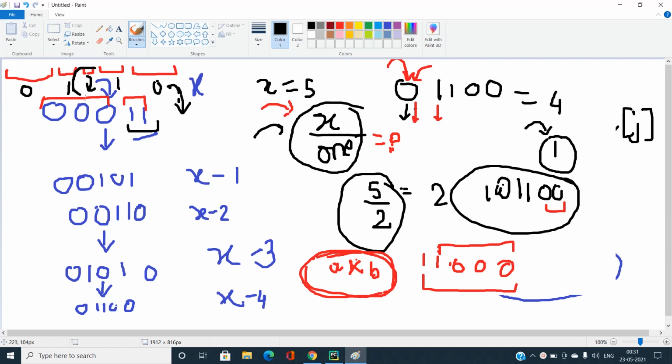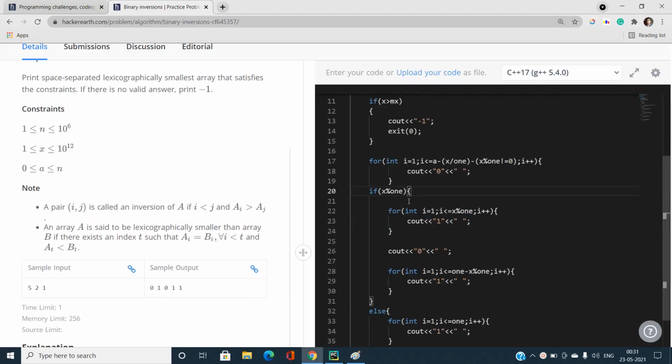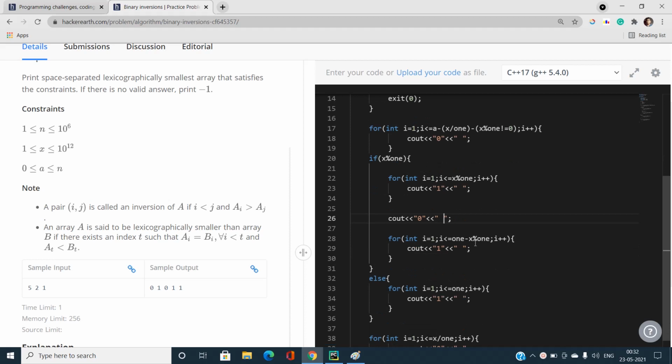Suppose x is not a factor of 1, that is, I'm getting some remainder when divided by this 1. First I print some of the ones, and that amount of ones would be x modulus 1 times 1, then followed by printing this 0 a single time, then printing the remaining ones.